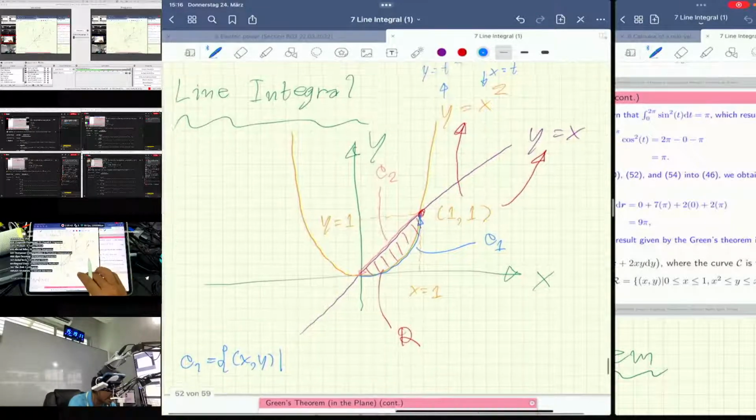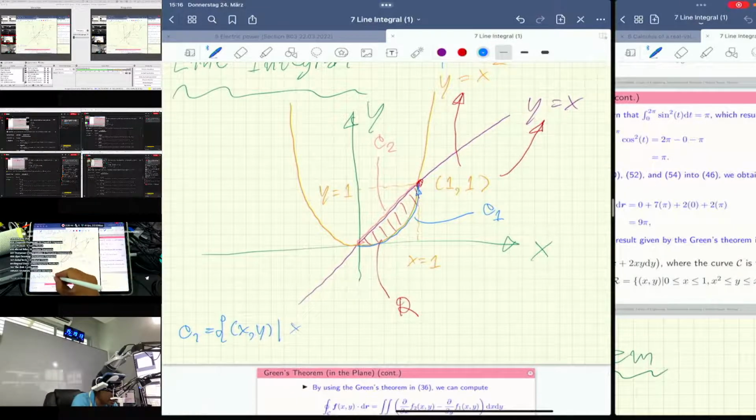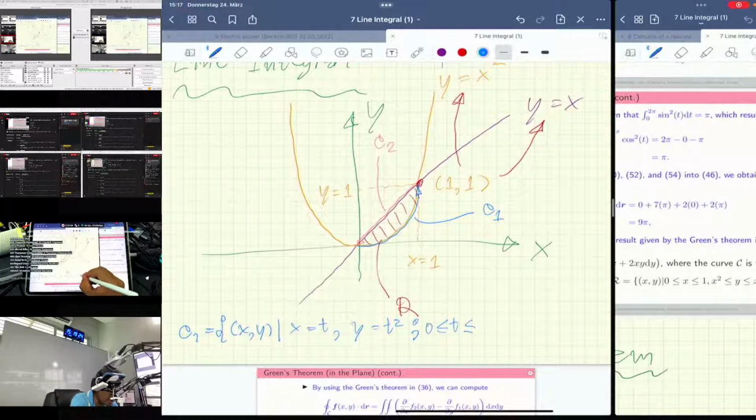So you get x equal to t and y equal to t squared, and your t is between 0 and 1, because you start from 0 to 1, t will move along the curve, and that's the C1.